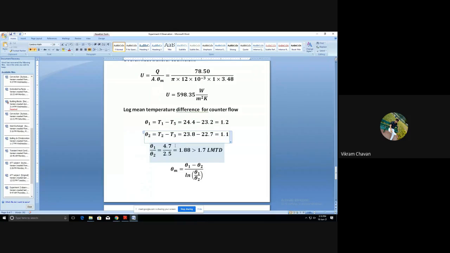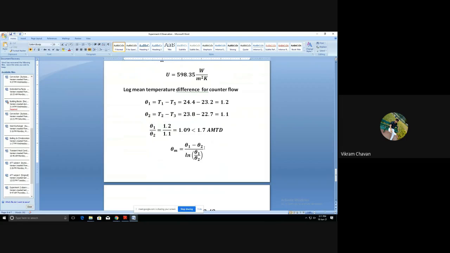Once again check the ratio theta 1 to theta 2, whether it is greater than 1.7 or less than 1.7. 1.2 divided by 1.1 is 1.09, which is less than 1.7. So we have to go for AMTD, the arithmetic mean temperature difference.